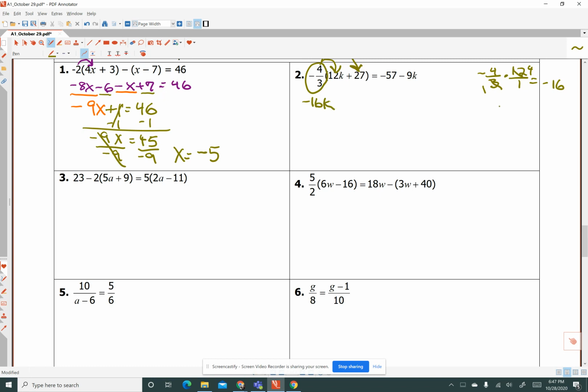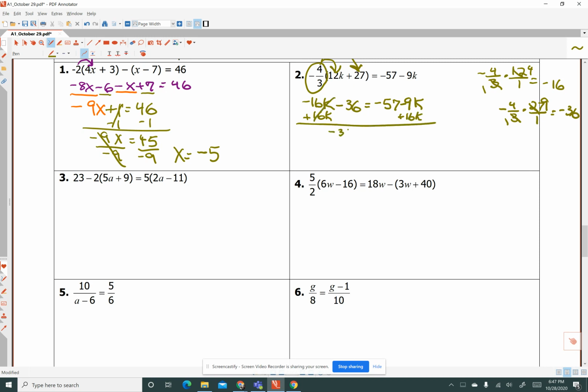So we have -16k. Now let's do -4/3 times 27. So that would be -36, equals negative 57 minus 9k. Let's add 16k to both sides. We'll get our k's positive.